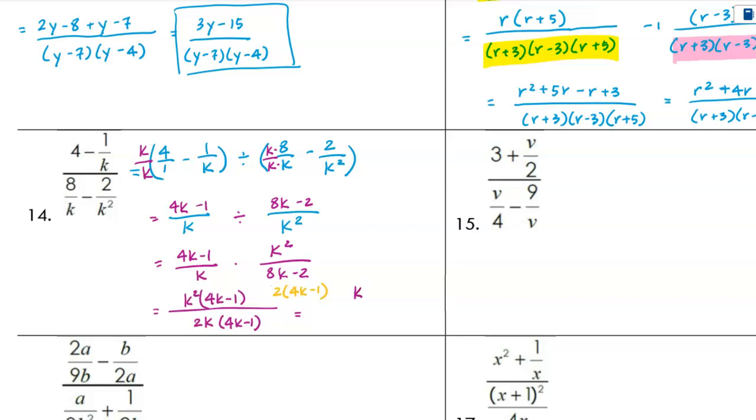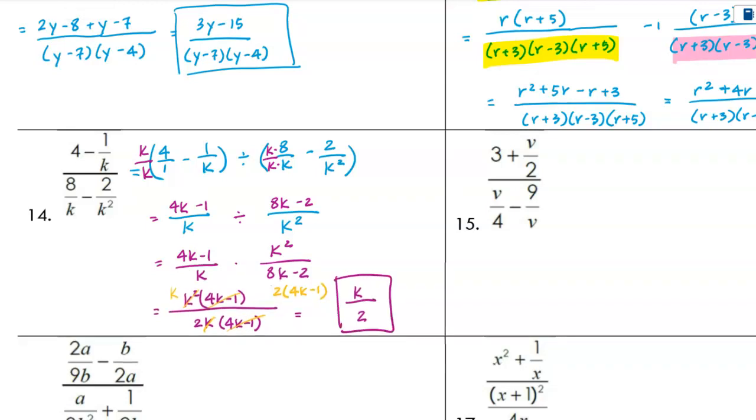So you end up with a k, and we can cancel out that 4k minus 1. Okay, let me actually do this. So that's going to turn into k. That k will be gone, and 4k minus 1, 4k minus 1. So I have a k. Is it just k over 2? Yeah. I'm just going to get rid of that.